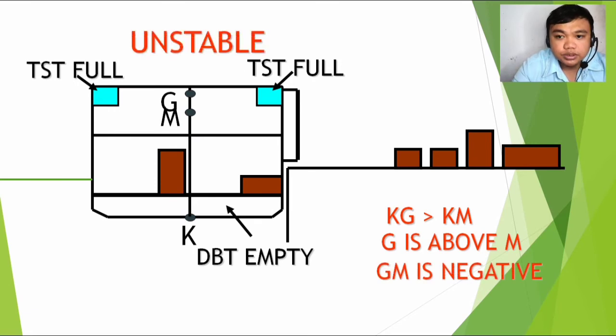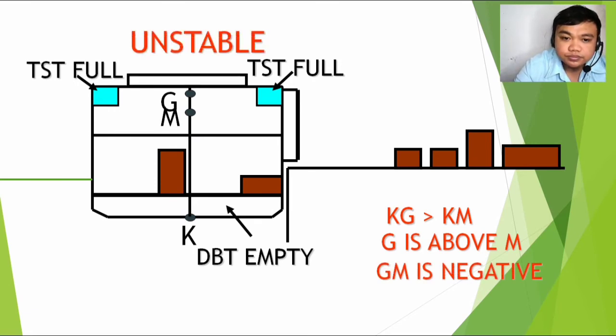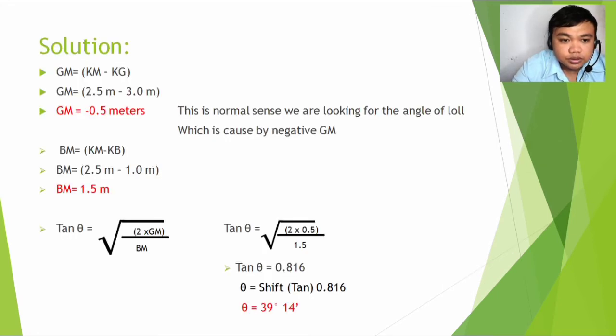Therefore, we have an unstable ship. Okay, so we have the solution for this one. So first, we need to obtain the value of GM and BM in order for us to apply it in our formula.